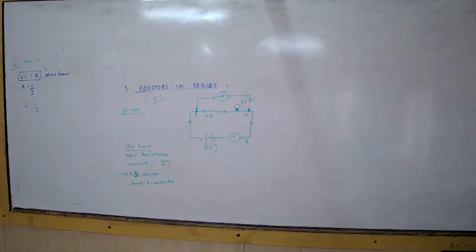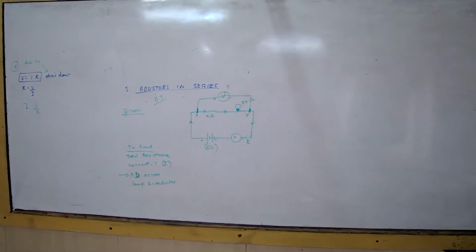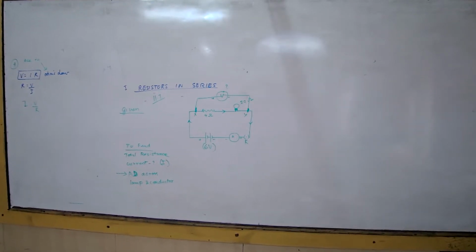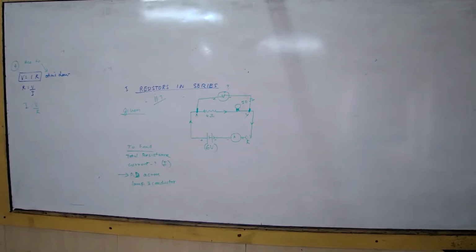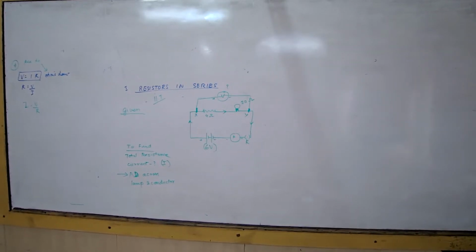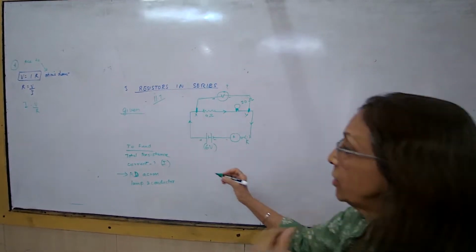RS is equal to R1 plus R2. Okay, now 24 ohms. First one you have already got. You have already got this to find total resistance.